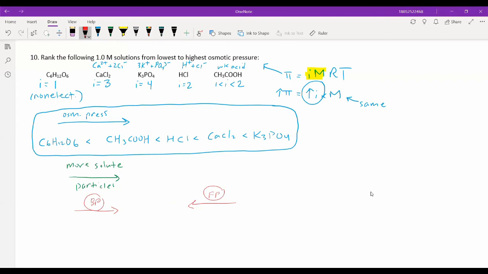And as we get closer to the sugar, that's closer to pure water, closer just to normal freezing point. And also vapor pressure would be lowest for the potassium phosphate. So once we get the number of particles and those in order, then again, any of these four colligative properties are in order. We just have to figure out which way it's going, to the right or to the left.